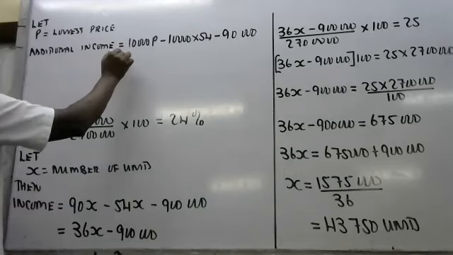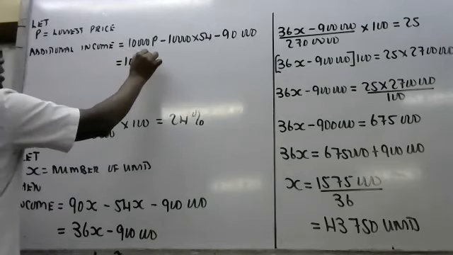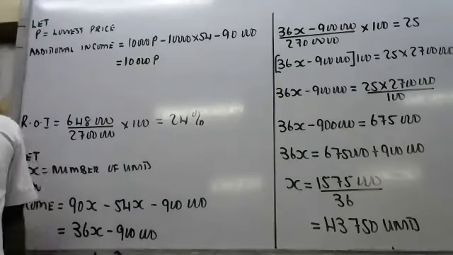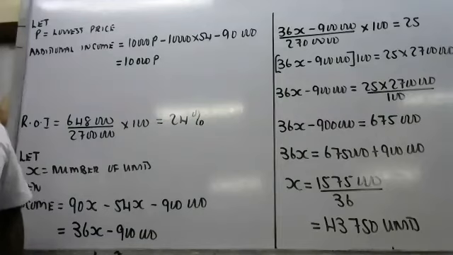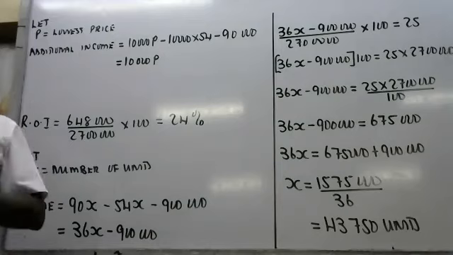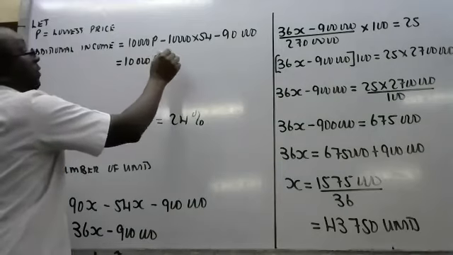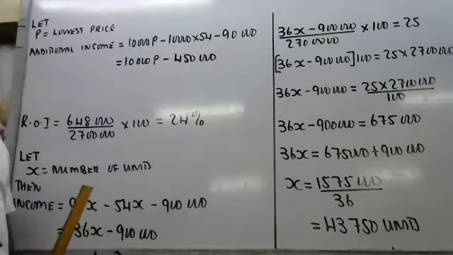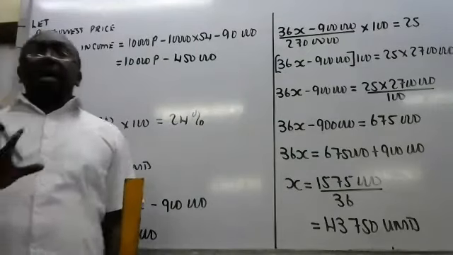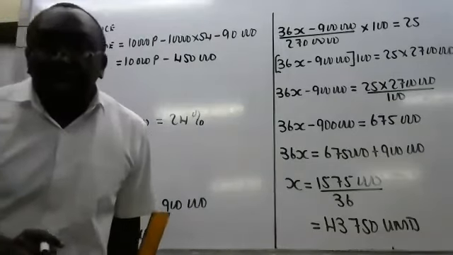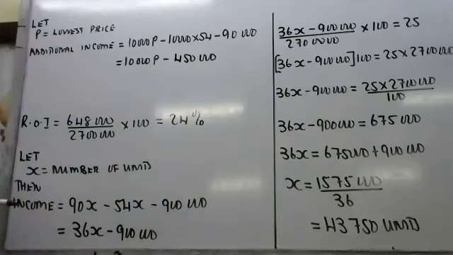So this becomes 10,000 P. Tell me what this one is. 450 minus 450,000. So that is the income that we expect to get from the new order.